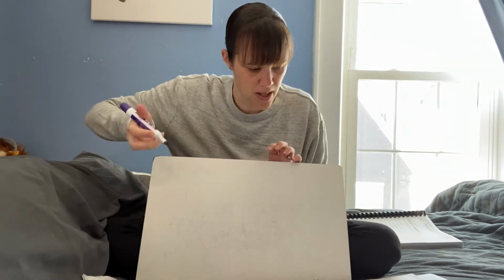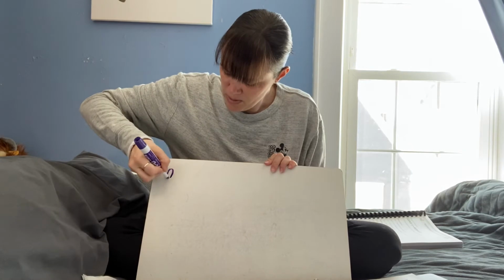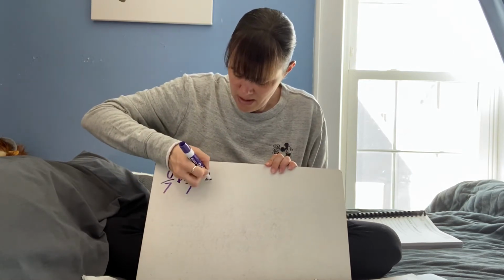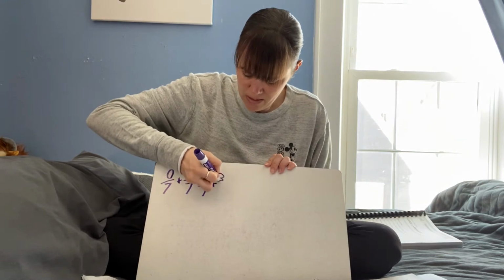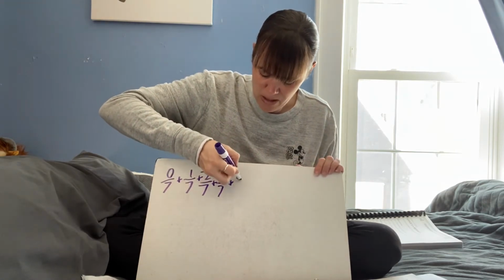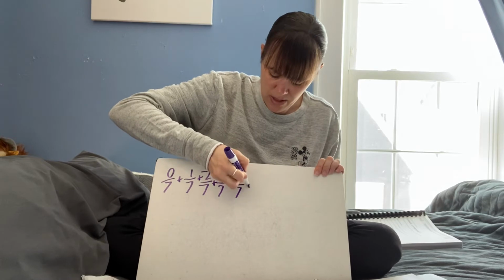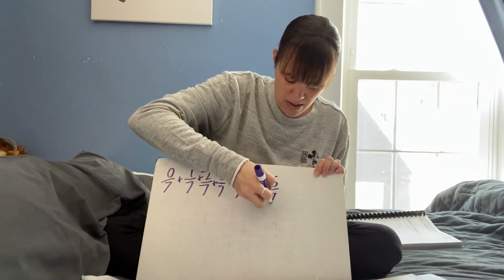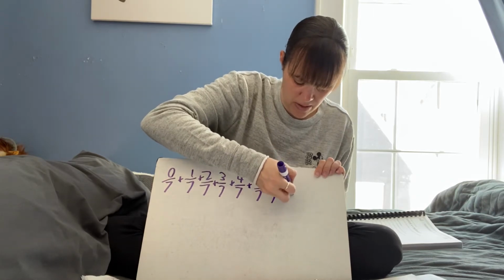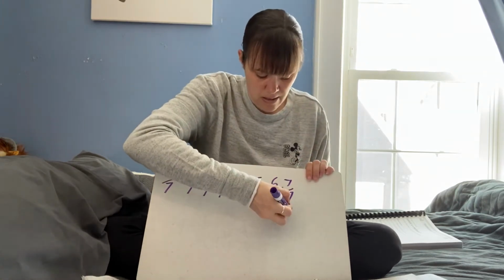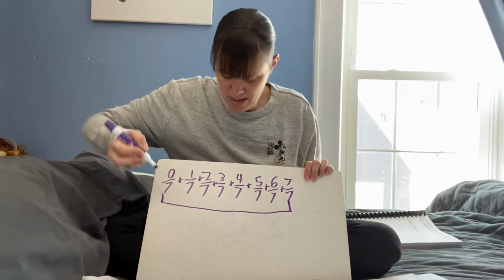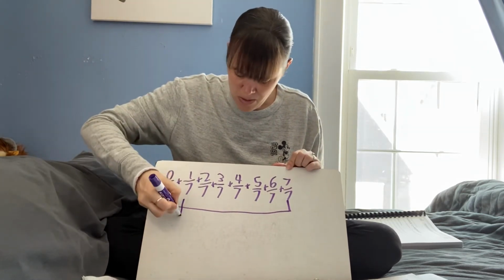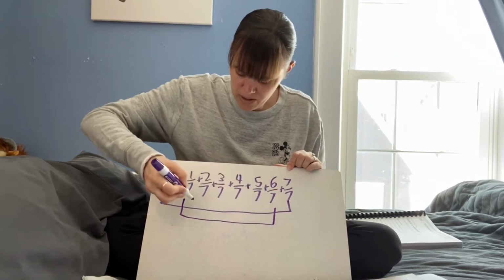The next one we have, so we're on E, we have 0/7 plus 1/7 plus 2/7, 3/7. That's just going to take me 8 million years. 4/7, 5/7, 6/7, and 7/7. Okay, let's add our fractions. 0/7 and 7/7 is 1 whole. 1/7 and 6/7 is 1 whole.